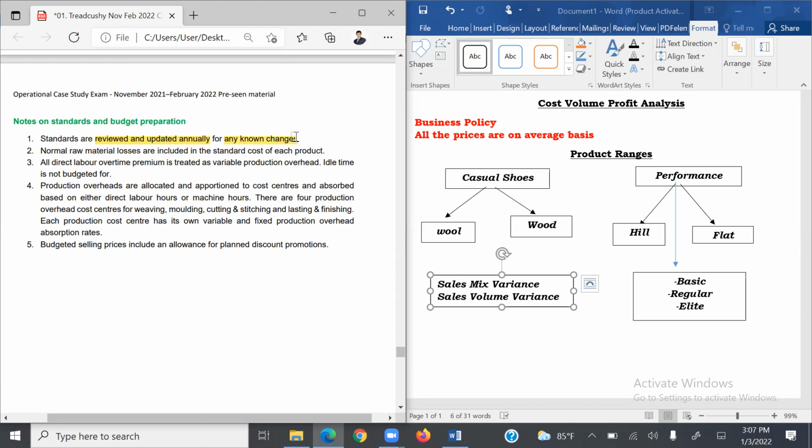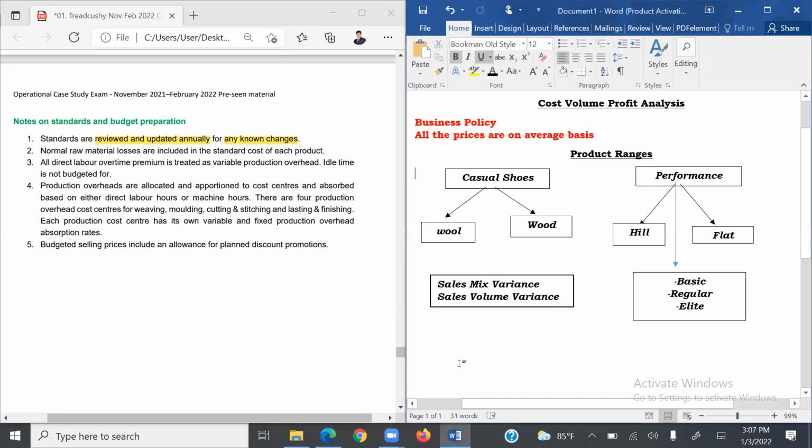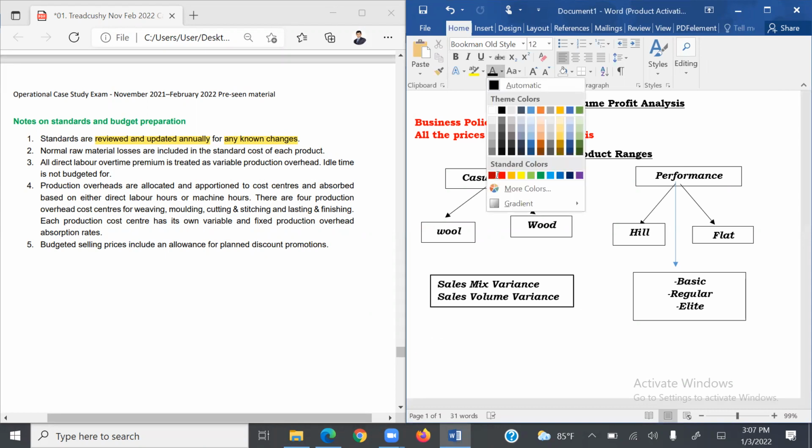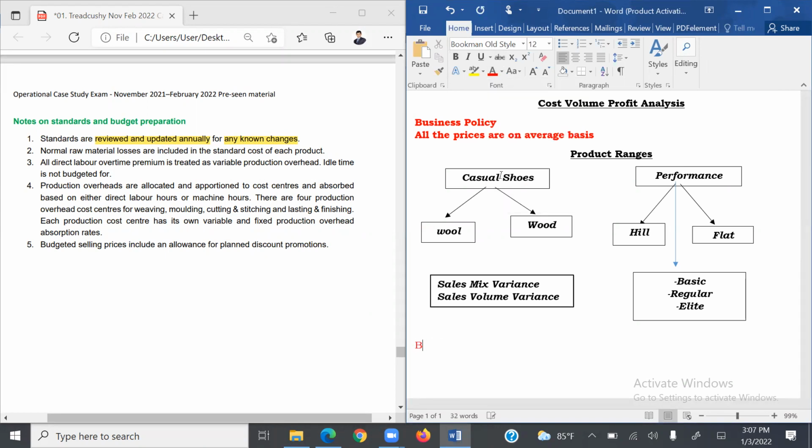If you do not mind, can I get a Y in the chat box? On exam day, there will be a situation. One question will come for sure on updation. So can we write down here, exam question, because you can predict it. An operational level case study is generally a predictable examination.